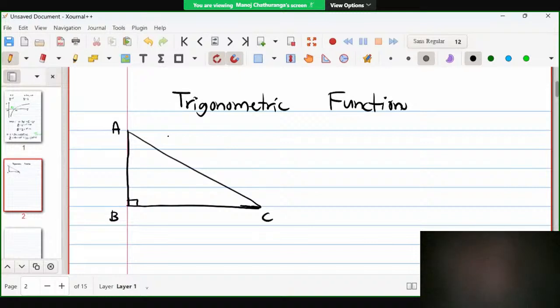Right angle triangle. So say you have two of them. Let's say in addition to the right angle, they share the same angle.